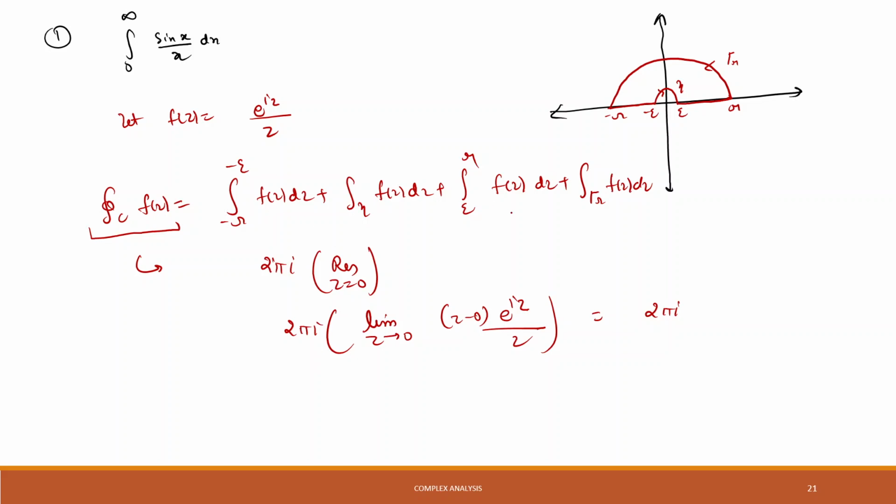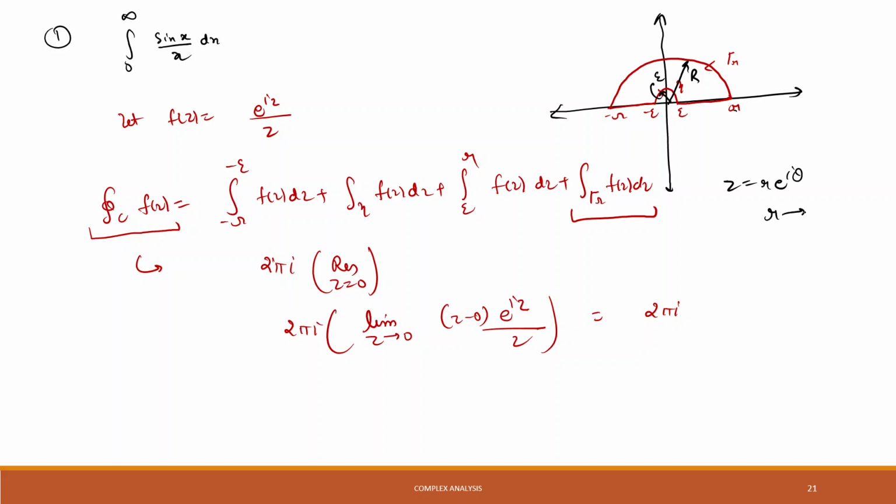Now moving ahead to this capital Gamma R. For capital Gamma R, as we have seen, I am not going to evaluate the integral of this capital Gamma R. All you have to do is take z equal to R e to the power iota theta, considering the radius of this as capital R and this as epsilon.